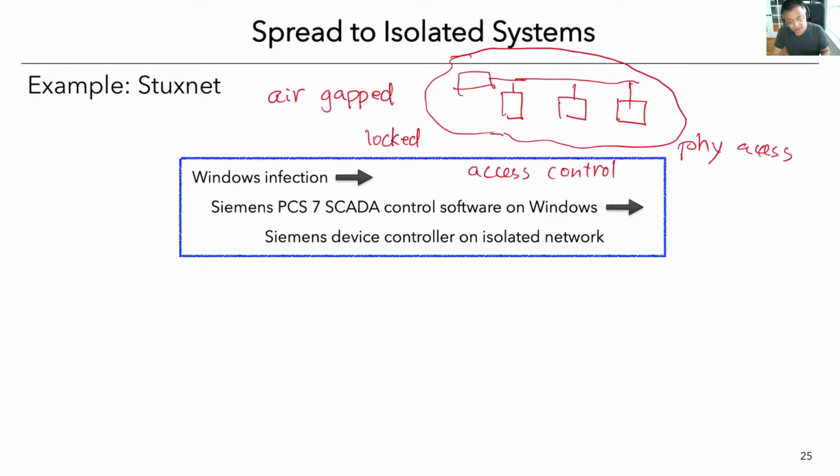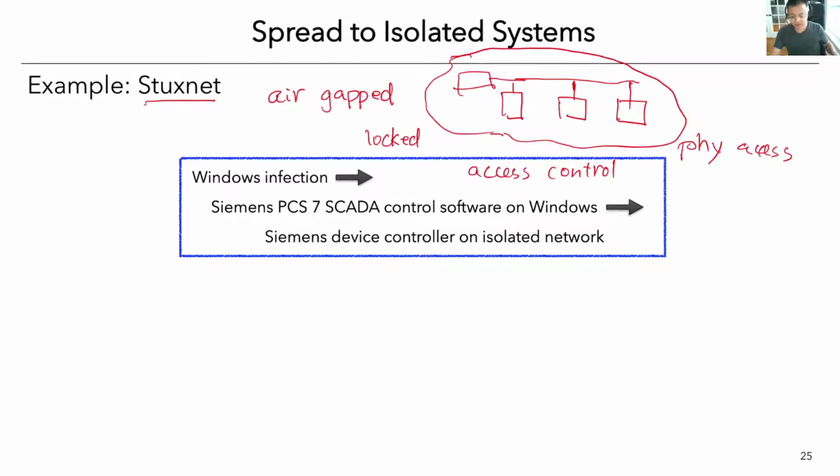Okay, so an example of spreading to an isolated system will be Stuxnet. So Stuxnet is a state-sponsored malware which targeted the nuclear refinery, right? Because it's a very important system, it is air-gapped. But how did they get it into the system?